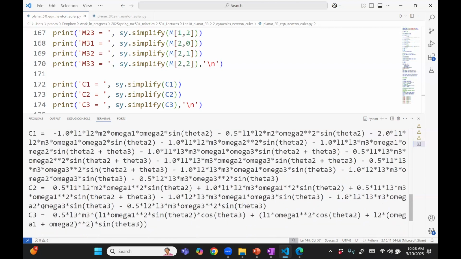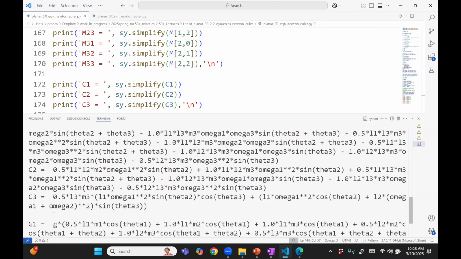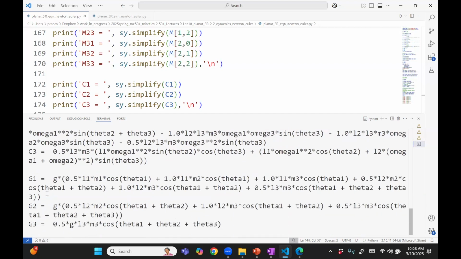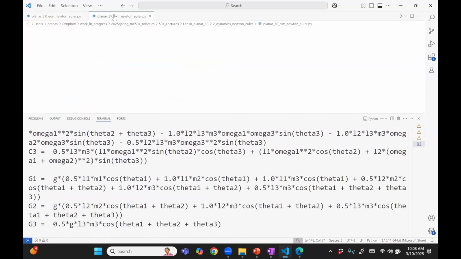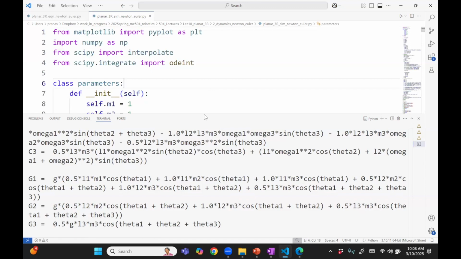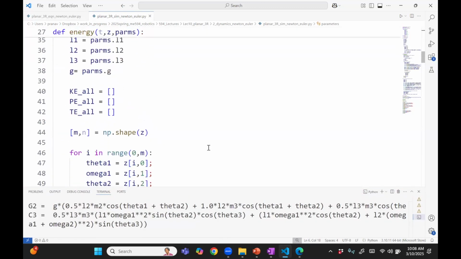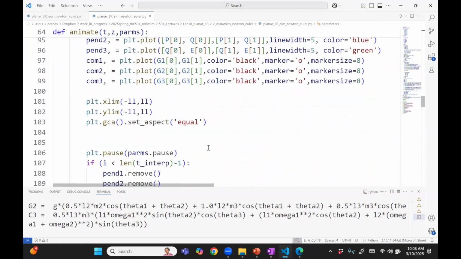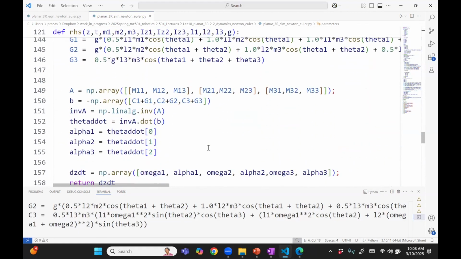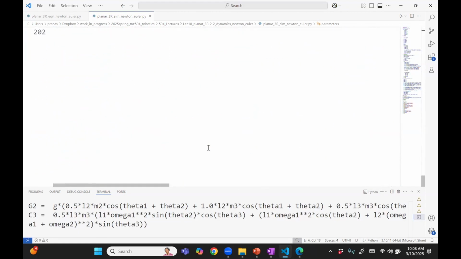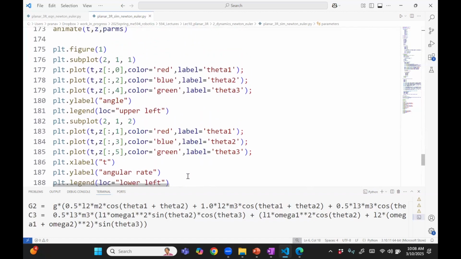C is going to be three rows, C1, C2, C3. G will be three rows, G1, G2, G3. So you take this, and I have to manually, there's probably ways to automate this, paste this inside the RHS. So the way this works is you need to use the main functions to be somewhere here.